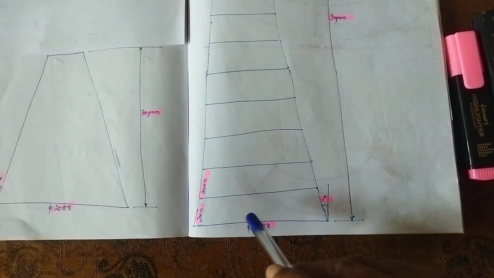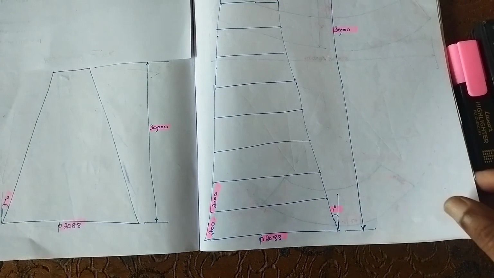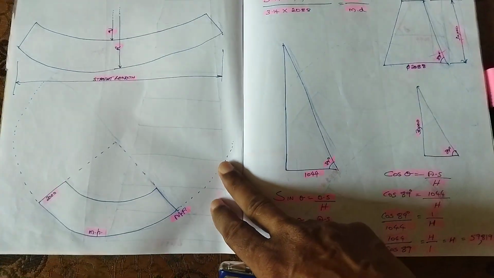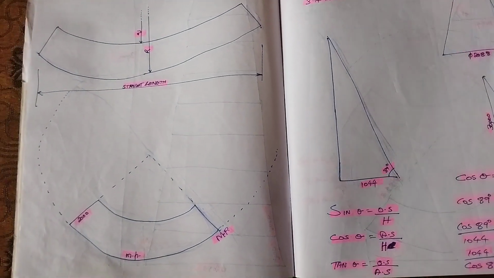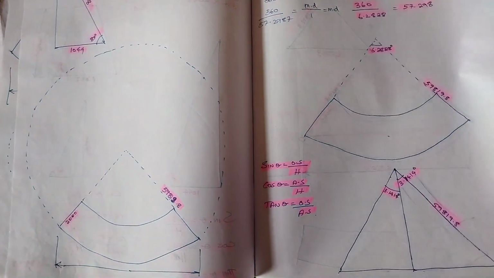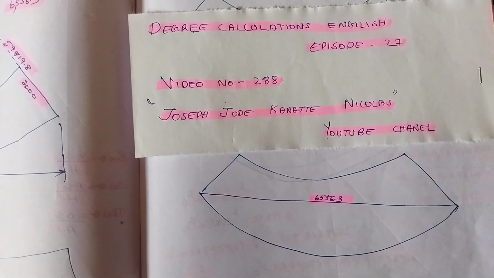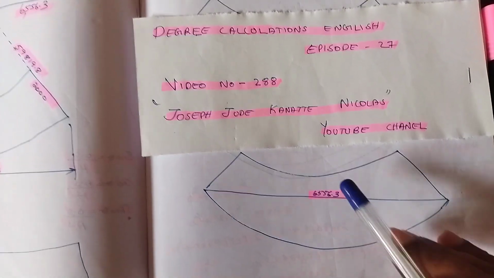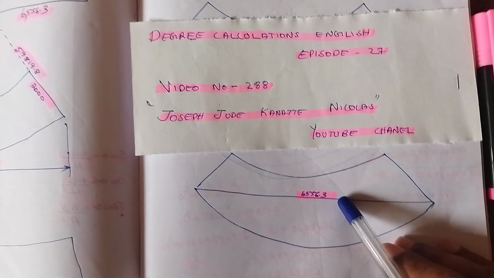Finally, for recognizing this bottom cone only, we made a lot of calculations. Finally, we recognized the length, which will be 6556.3. How did we get this measurement? Last episode we got this measurement.